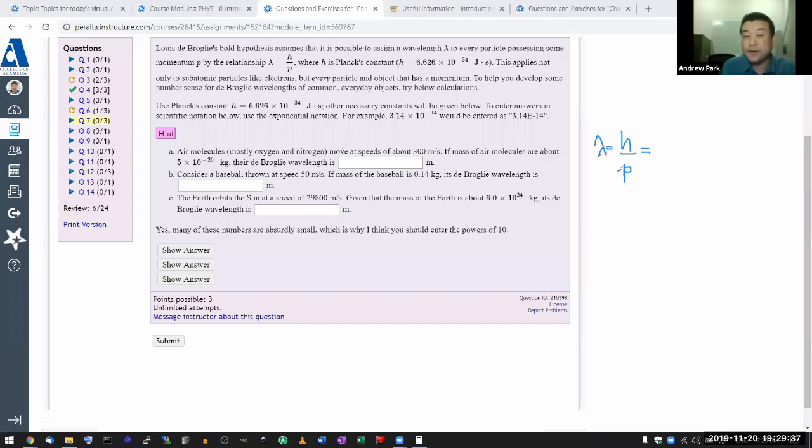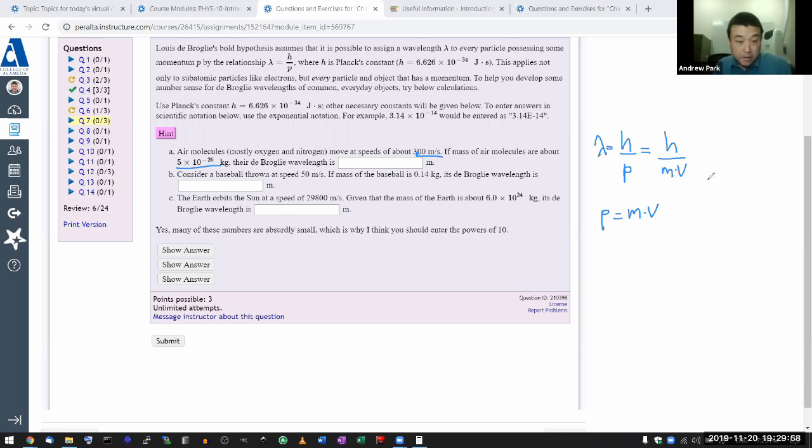And since we are being given masses and speeds, momentum should be re-expressed as mass times velocity, so the de Broglie wavelength is Planck's constant divided by mass times the velocity of the particle.